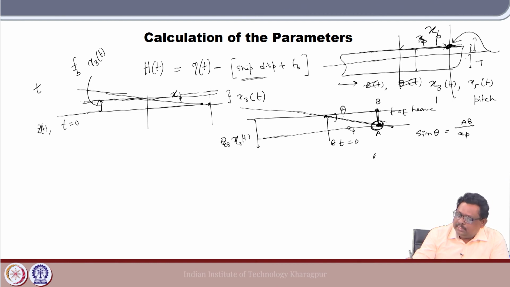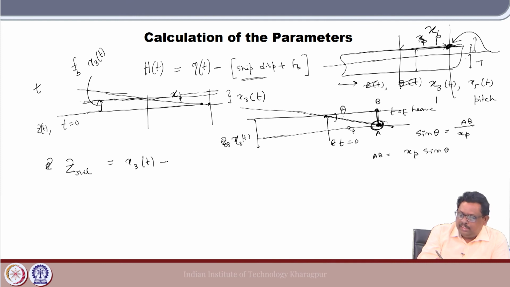Therefore, this distance AB is equal to xp times sin theta, right. Now, with respect to this, what is my z? Let us call it z, because it is vertical. So, what is the relative z? Definitely my x3(t), which is the vertical shift, and then actually I subtract AB.